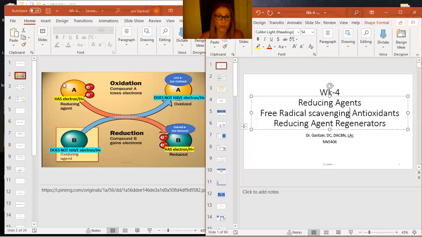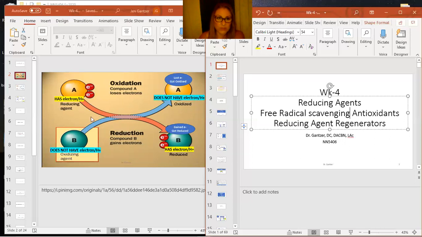And they're going to get reduced. So if you gain the electron, if you have the electron, you get reduced. Now it sounds confusing because normally we think of reducing as lessening, right? So it's kind of confusing, which is why I'm putting a pretty good focus on it.